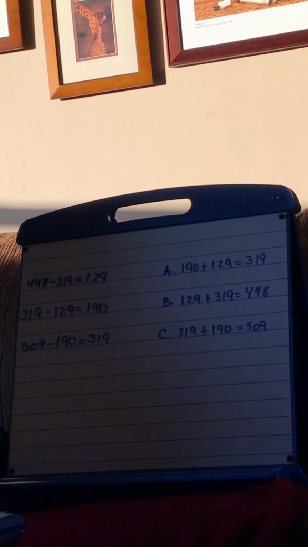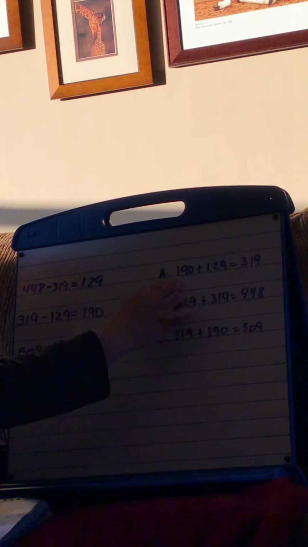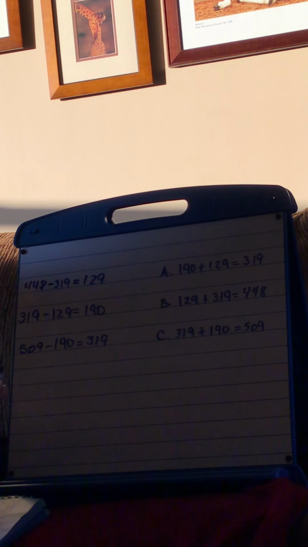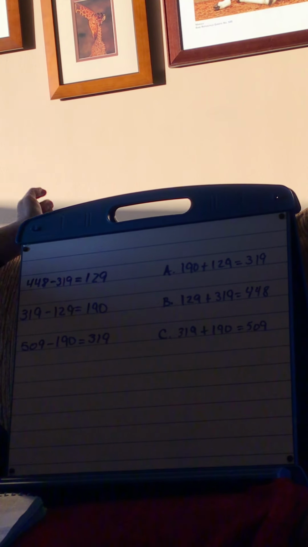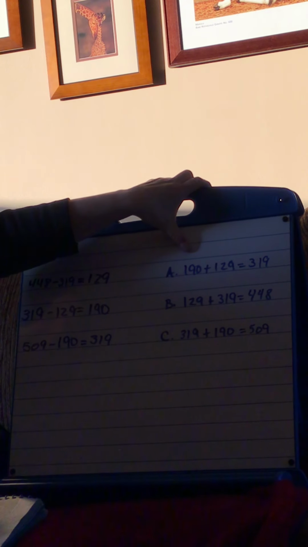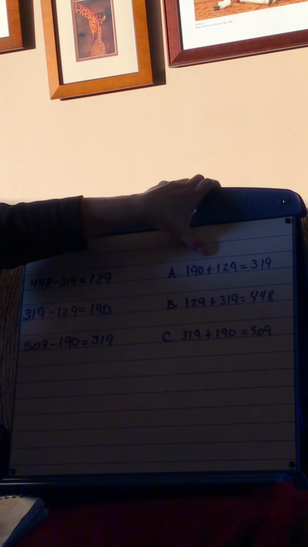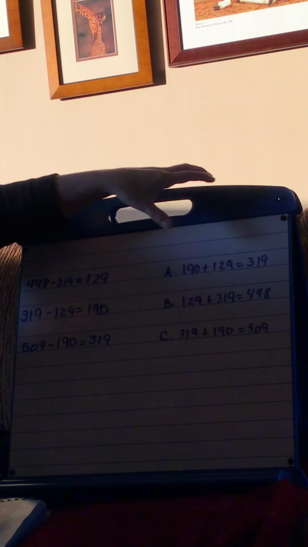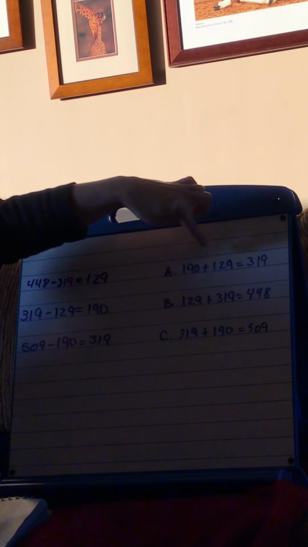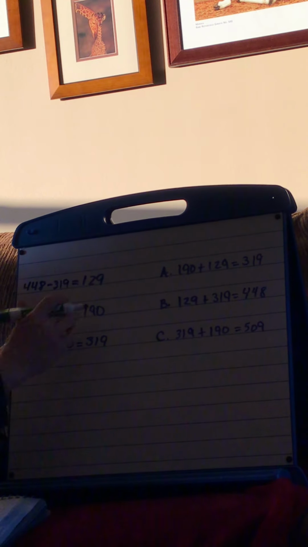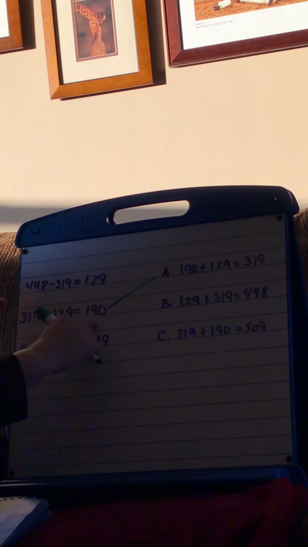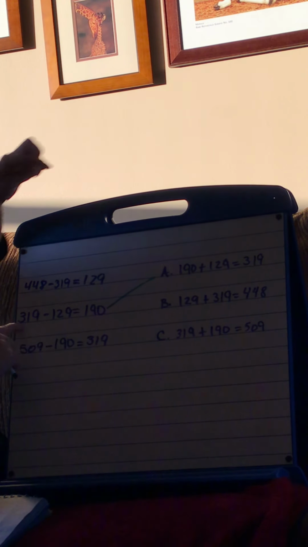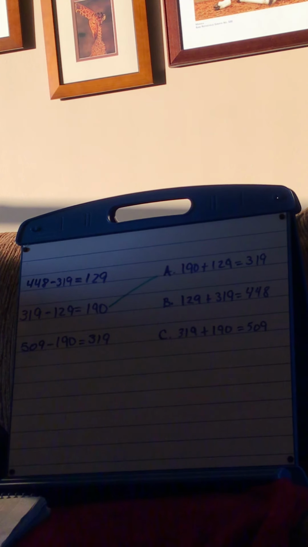So what I think would be the easiest is you look at A. We have 190. You want to look for one of these that has all the same numbers, and that's what this has. It has 190, 129, and 319.